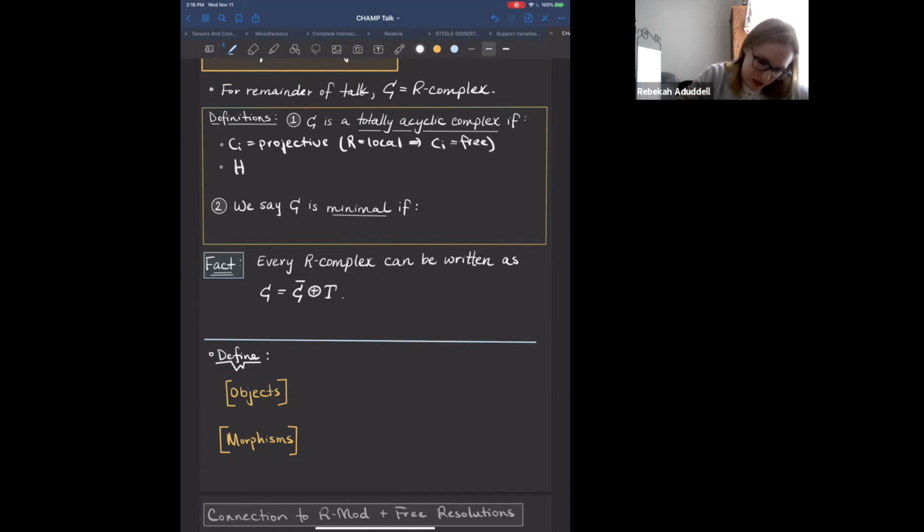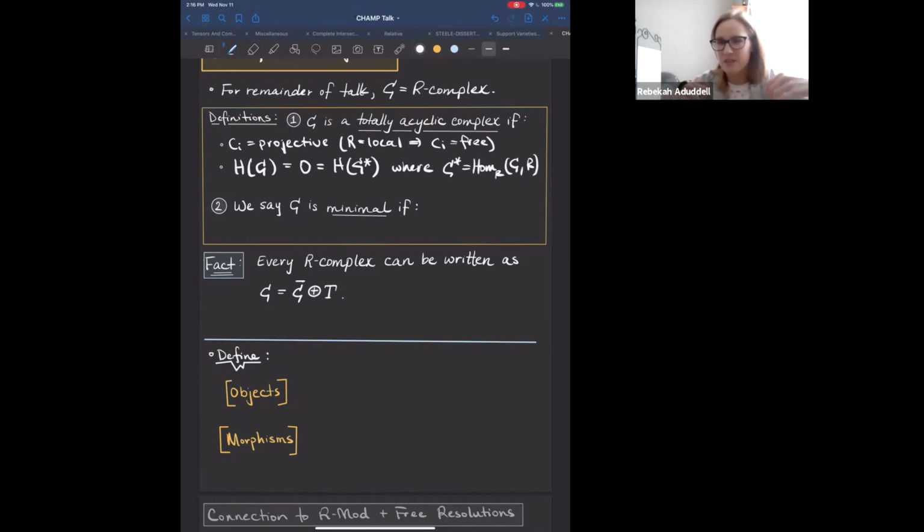Additionally, we have exactness, but also exactness of the dual, where the dual is Hom_R(C, R). When I'm looking at a complex of free modules, we can think of this as flipping all the arrows and transposing the matrices.